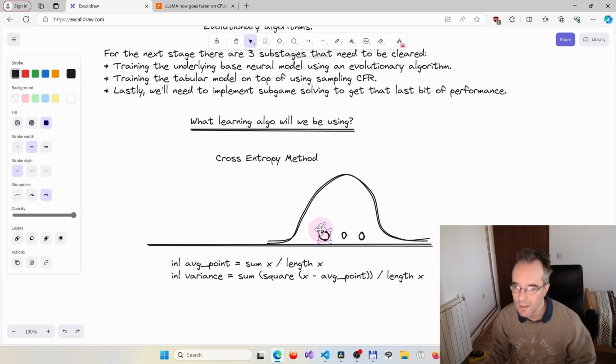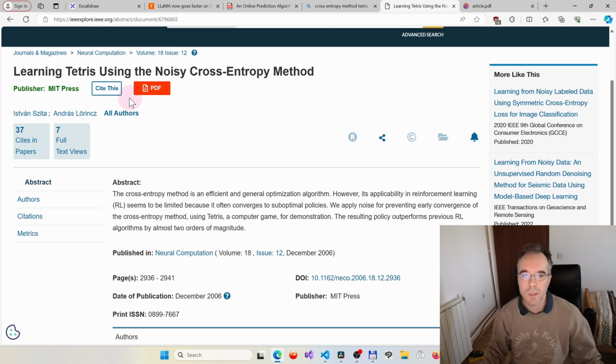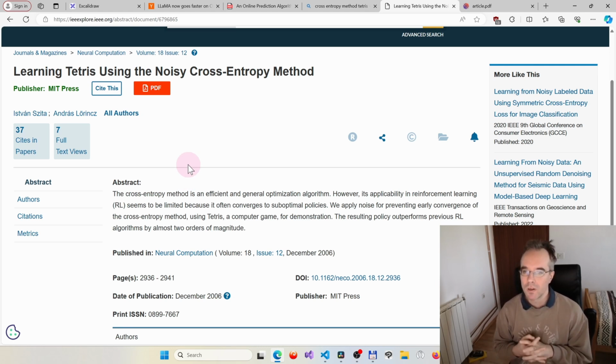And on something like Tetris, I'm going to dig up the reference just for that. So I'll pause for a bit here. I found this paper, Learning Tetris using the noisy cross entropy method. Let me quote the abstract. The cross entropy method is an efficient and general optimization algorithm. However, its applicability in reinforcement learning seems to be limited because it often converges to suboptimal policies.